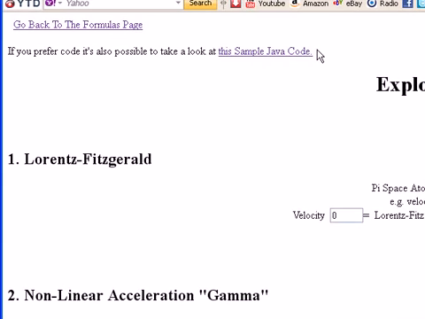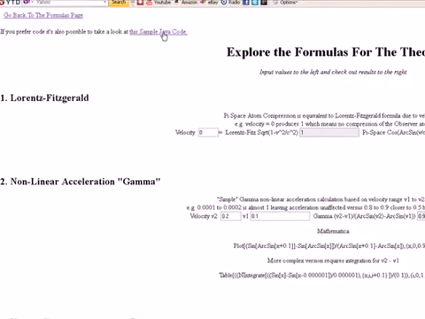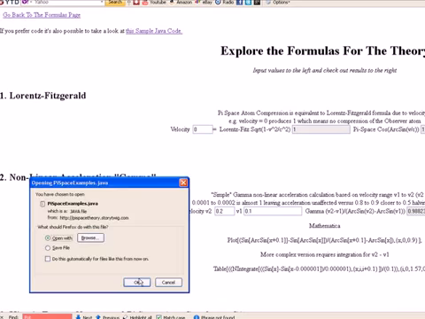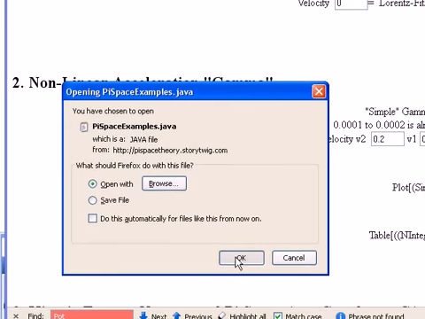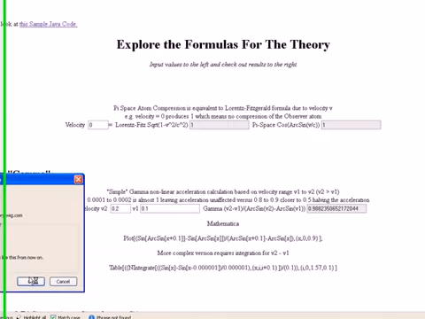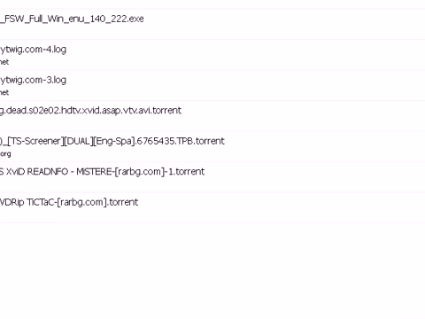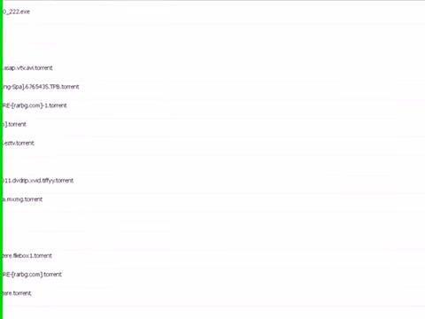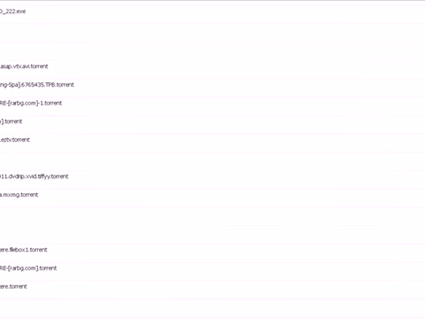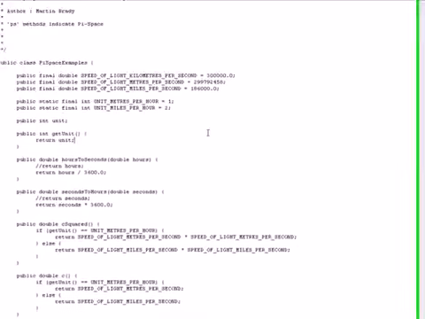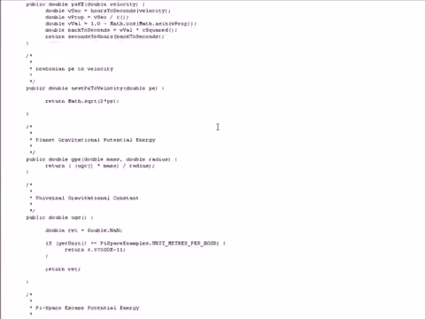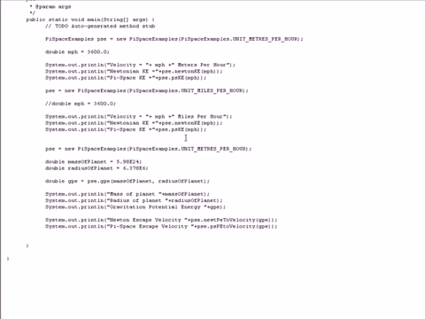If you download it, if you click on it, it will give you a piece of code that you can actually run against the Java JDK. There's nothing special about it. It's pretty standard code.